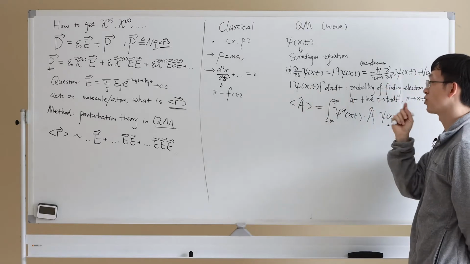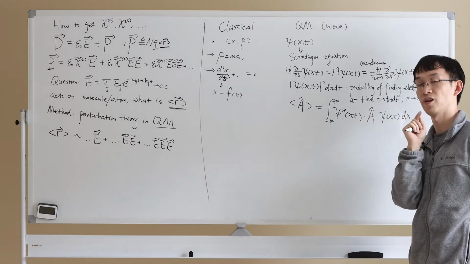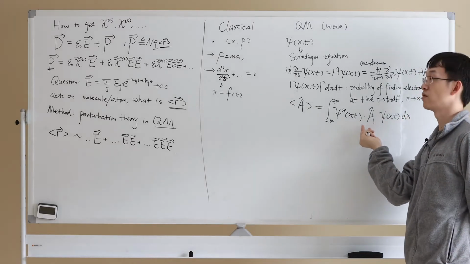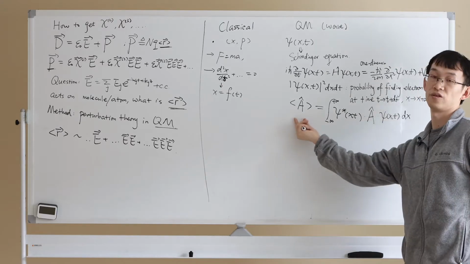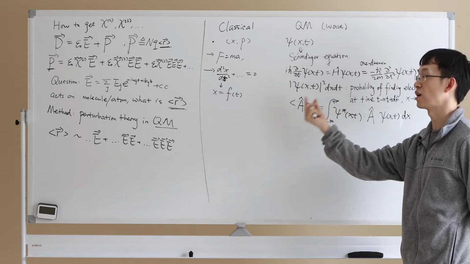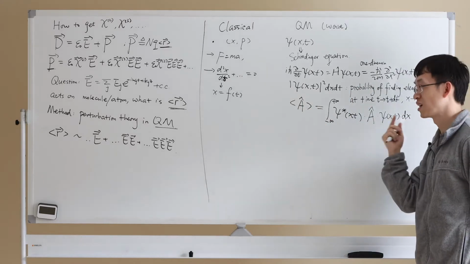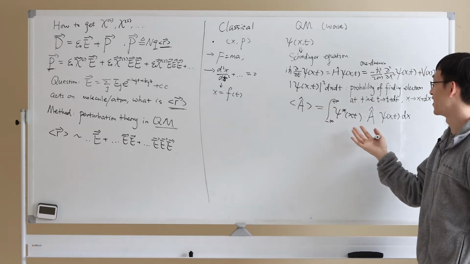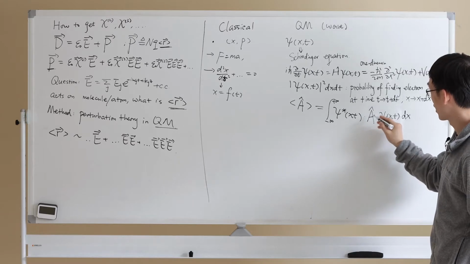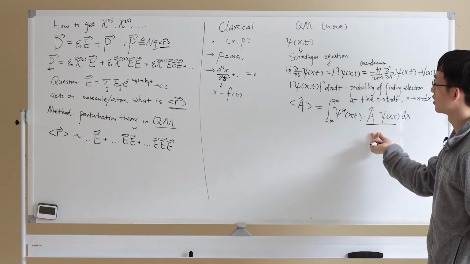The way you can interpret this is that this times this is like a probability density, and then you multiply the value itself, which gives you the expected value. It's like the weighted average value. Of course, the interpretation like this is kind of classical, and it's not 100% accurate, because this is an operator, and this doesn't really mean a value here.